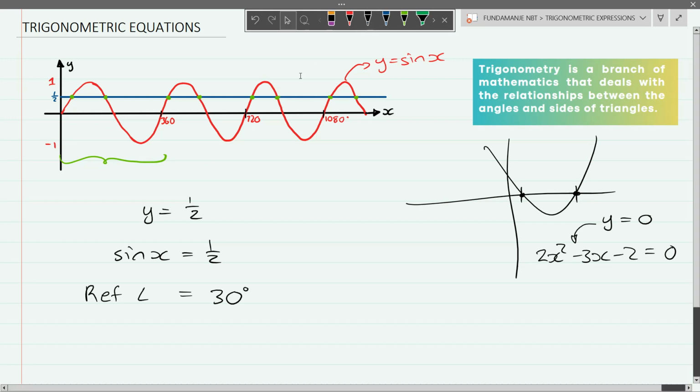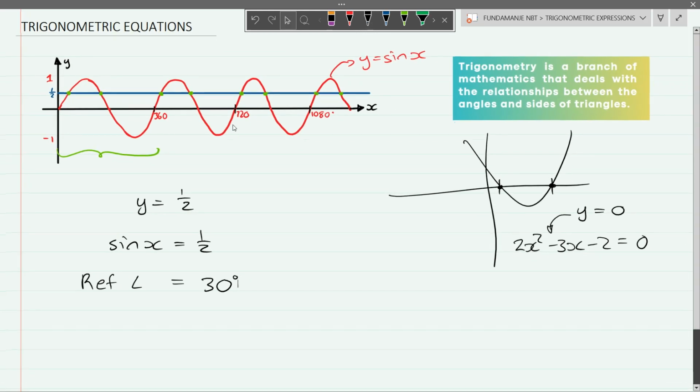Then from this point on, here's what we do. In order to get this 30 degrees, I did not consider the sign of my value here. I just took it as it is. If it was negative, I still would have just considered the half, asking which value gives me a half, not which value gives me a negative half. So I only look at the value, not the sign.